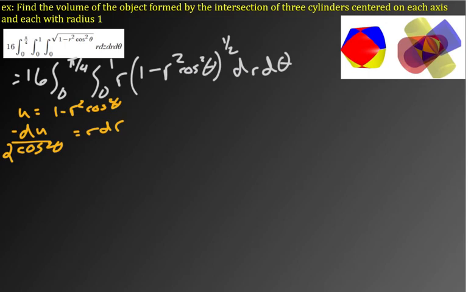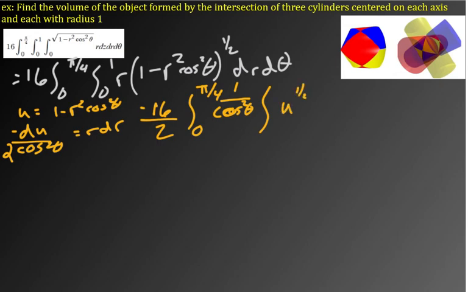All right, so if I do my u integral here, I'm going to take all this stuff out of the first integral. It's all constant, right? So I can do negative 16 over 2. So that's a true constant. Then I have 0 to pi over 4. Then I have to have a 1 over cosine squared theta there. And then I'm basically going to do the integral of u to the half du.